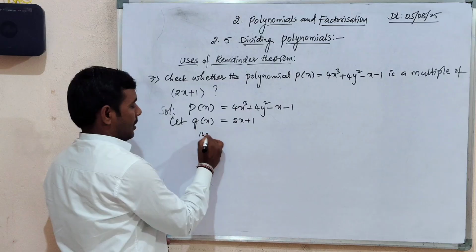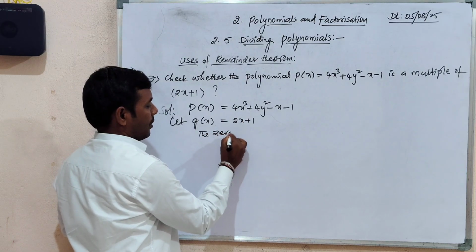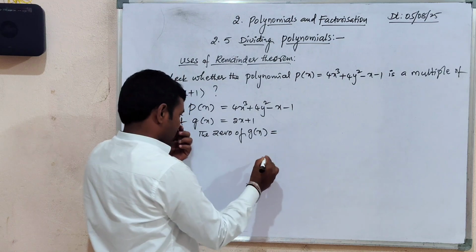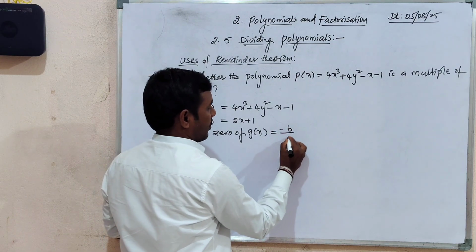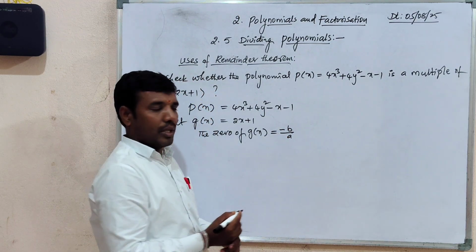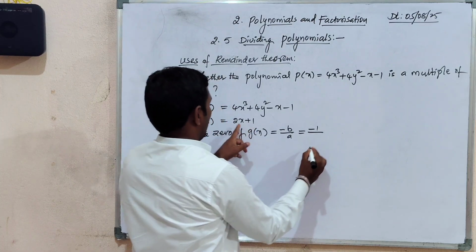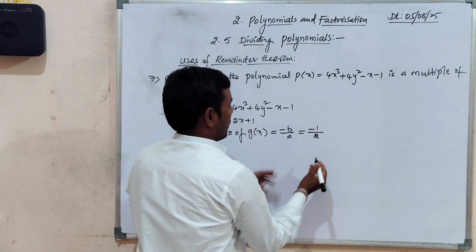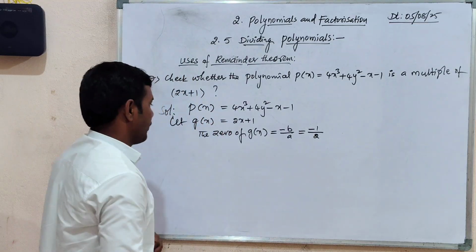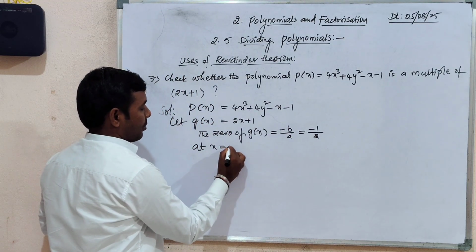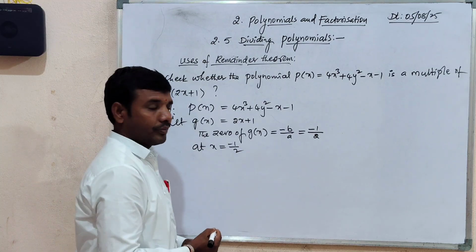Next, the zero of g of x is equal to the formula minus b by a. Minus b, b position is 1, a position is 2. What is the answer? Minus 1 by 2 is the answer. At x is equal to minus 1 by 2.